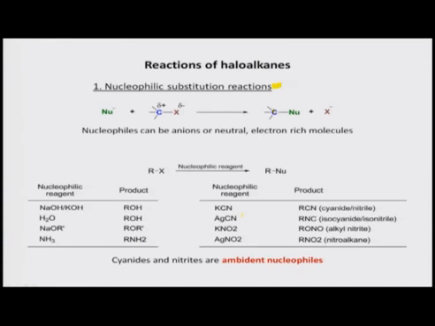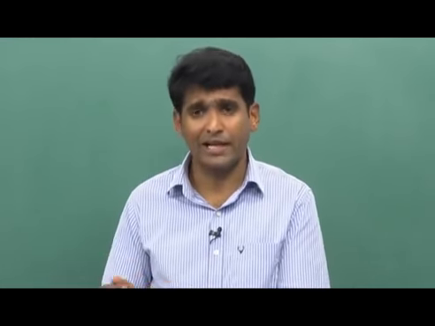The first of them is potassium cyanide, KCN. You have already heard of that particular molecule, I am sure. When you treat potassium cyanide with a haloalkane, the product is an alkyl cyanide, also called a nitrile. So an alkyl halide treated with cyanide, CN minus, gives you the corresponding alkyl cyanide or alkyl nitrile.